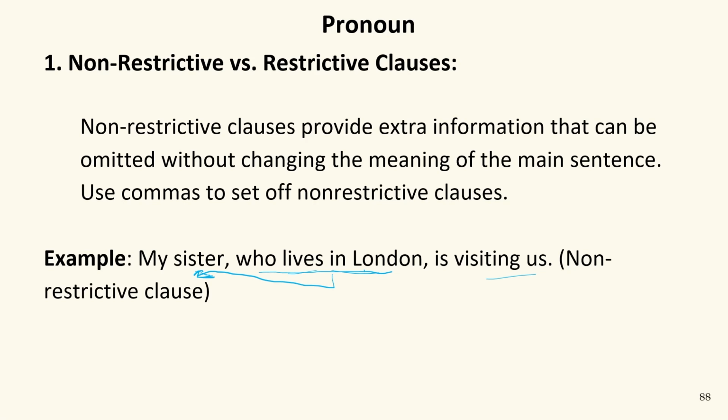We can omit this extra information, but if we don't, then also the sentence is fine. So in this case, the phrase my sister who lives in London is giving extra information about my sister.